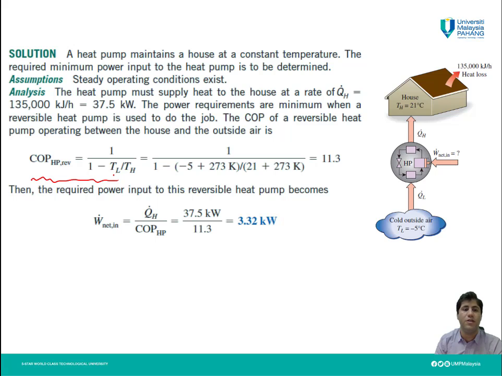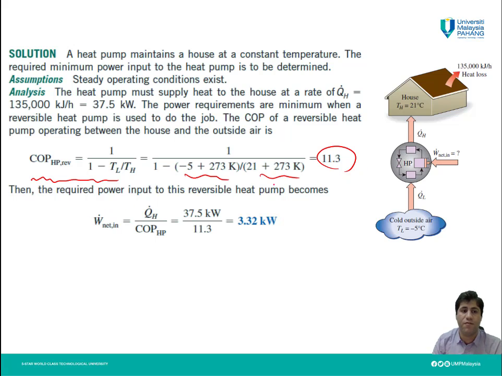But we need to notice that the temperature here is the absolute temperature. The temperature which we have is in Celsius, so we need to add 273 to convert to Kelvin. Then the coefficient of performance for this heat pump will be 11.3.